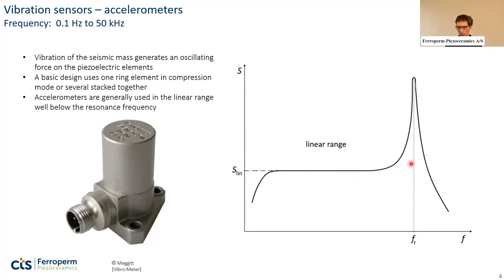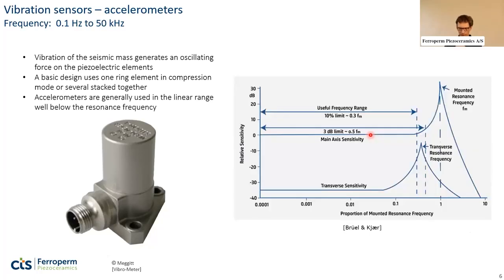And then when you approach the resonance frequency, you are basically outside the usable frequency range of the accelerometer. Another plot is shown here where you see that typically the frequency range that you can use is maybe up to 30% of the resonance frequency.